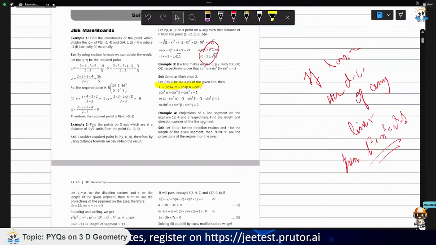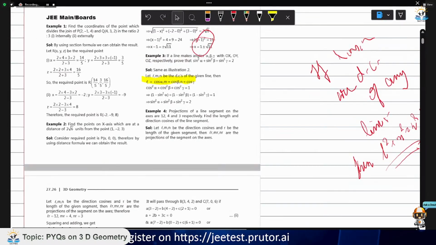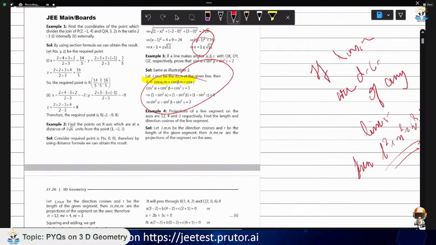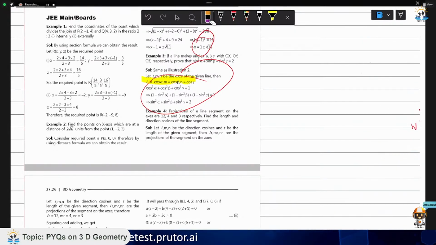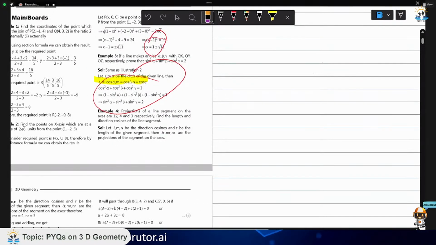This is the formula. Taking this formula forward, we have this equation. It's a very simple equation, nothing out of the box. We're just using the property that cos square theta plus sin square theta is equal to 1.